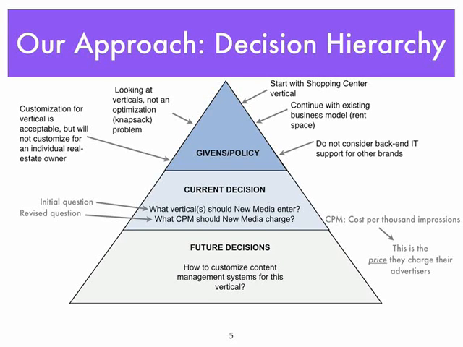That's not something they're doing right now or interested in doing. So that's the given. Given this decision hierarchy, I'll take you through our original decision diagram, which we simplified considerably, as you'll see towards the middle of the presentation.